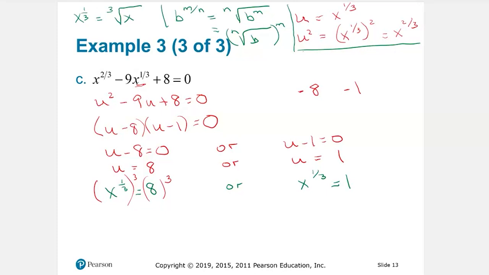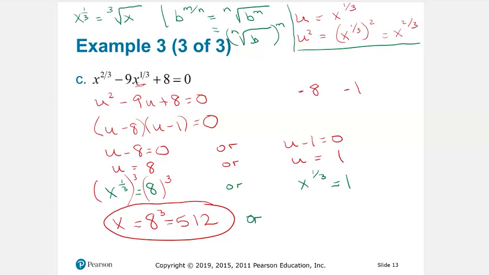Because x to the 1/3 to the 3rd power, if we multiply the powers, we get 3 over 3, which is 1. So x to the 1 equals 8 to the 3rd power, and 8 to the 3rd power is 512. So I have one of my solutions.